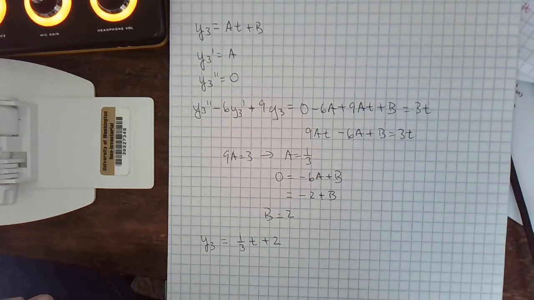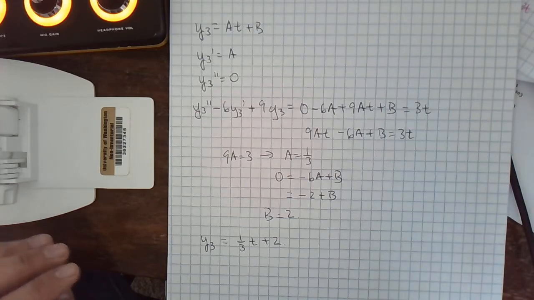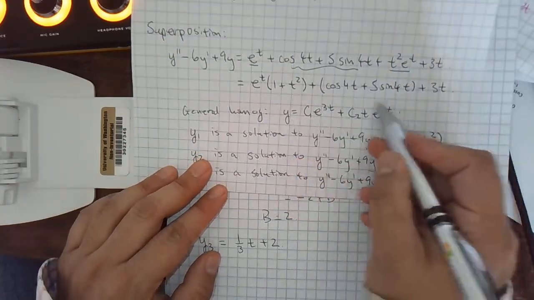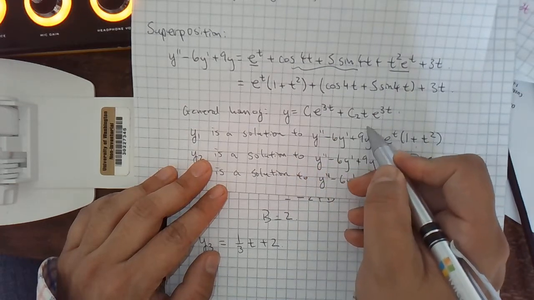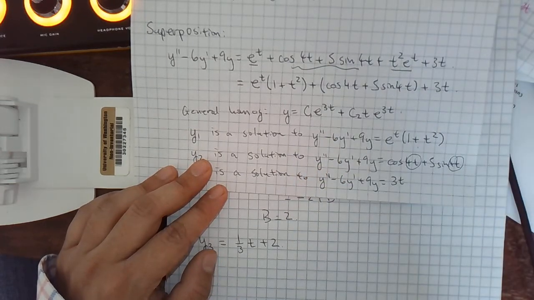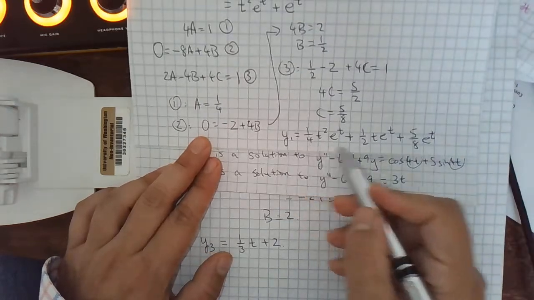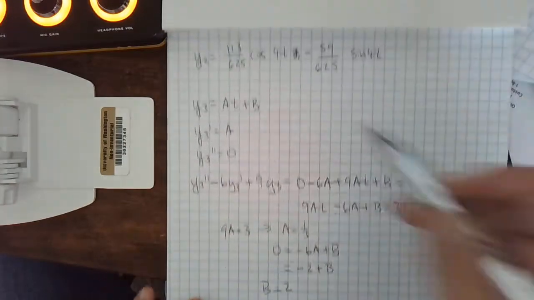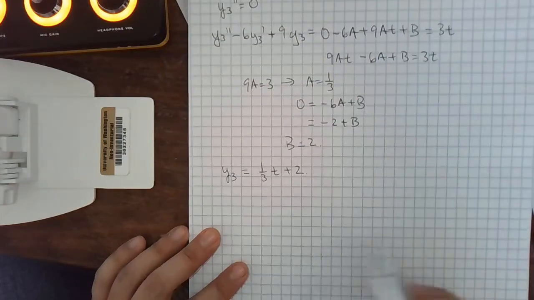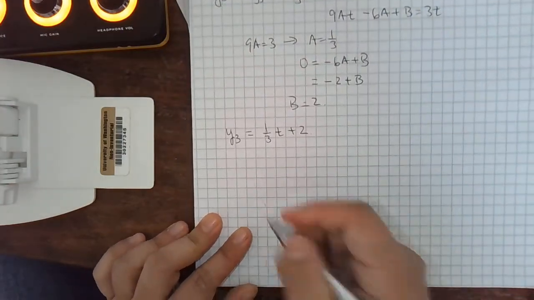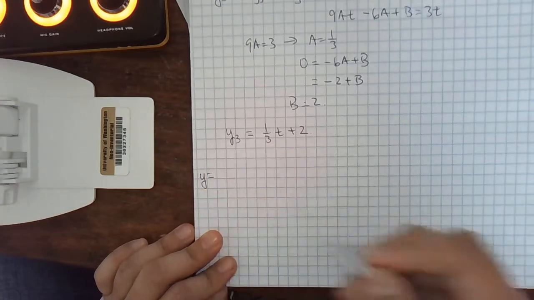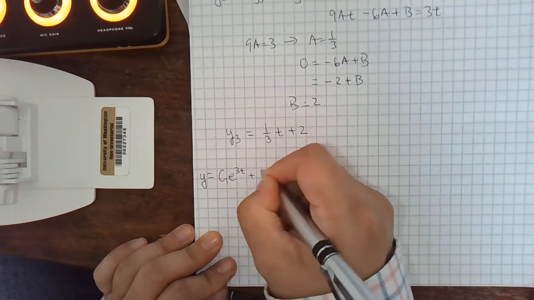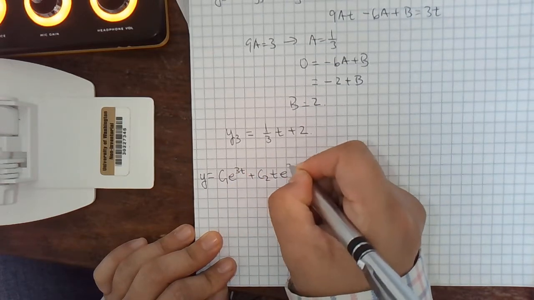Excellent. Okay, so what do I have? I have my general solution to the homogeneous version. I had y1, which I solved to get here. I had y2 was up here, and then I have y3, and I need to add all of them together to be a solution. So the general one was c1 e to the 3t plus c2 t e to the 3t.